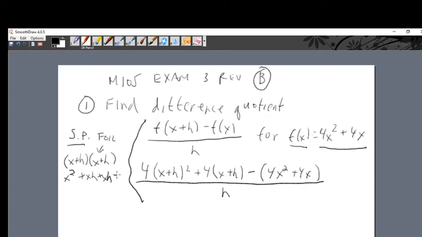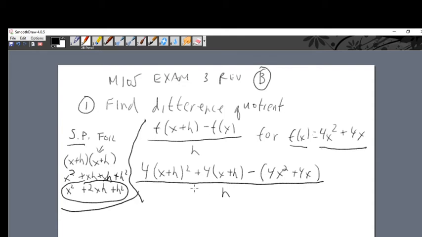What does that turn into? x squared plus 2xh, there's two of them up there, I combined like terms, plus h squared. That's what x plus h times x plus h is. That's scrap paper work. Scrap paper is over.